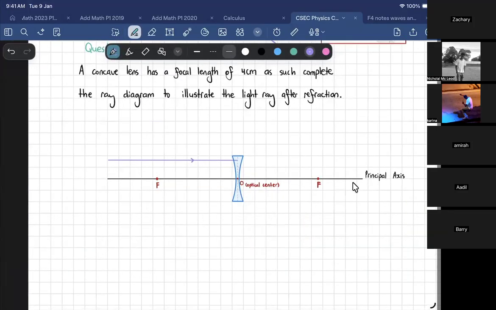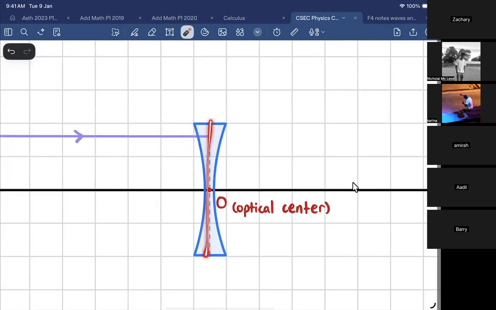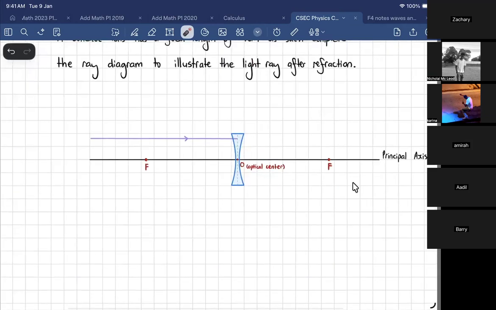It doesn't have to be anything too specific. The main things you need to make sure you have is that the focal point is 4 centimeters from the optical center. After you do that, just draw a line parallel to the principal axis, go into the lens, and draw how it would look after it passed through the lens.